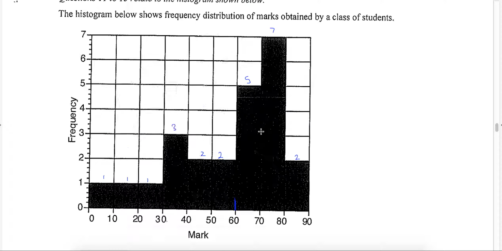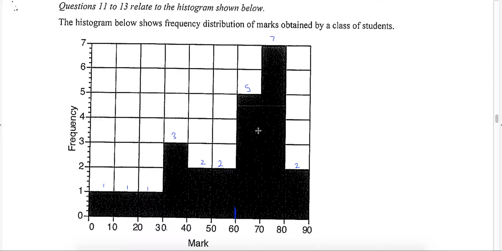So I'm going to go up here, back to this, and I'm going to start adding up the frequencies. I'm going to go from this side because it's going to be easy. I'm going to get to the 12th value faster if I go from the right. So 2 and 7 is 9, 9 and 5 is 14. So that's actually taken me over my 12.5.